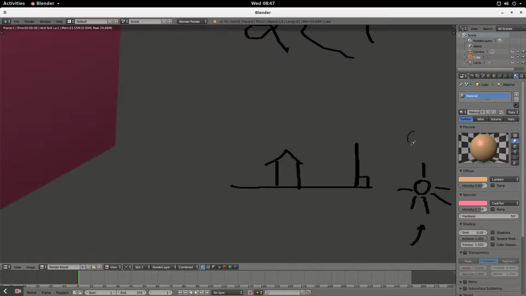When the sun is over here, for example, then the angle that it creates over here is less than that. When the sun comes up some more to, let's say, up here, then the angle that it creates with the surface normal is even less.